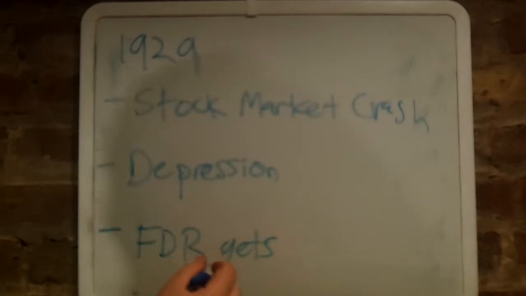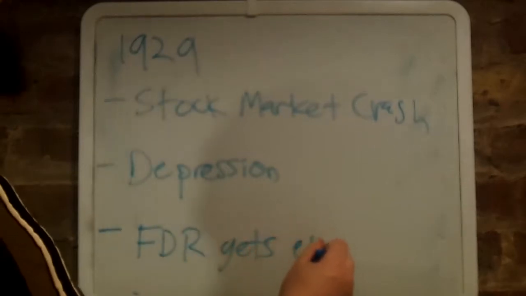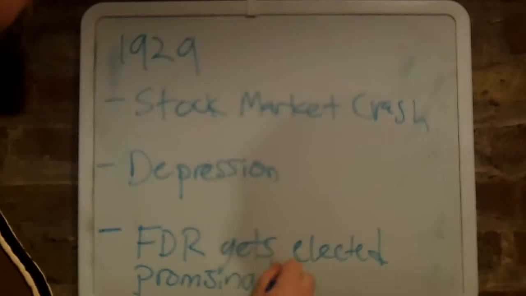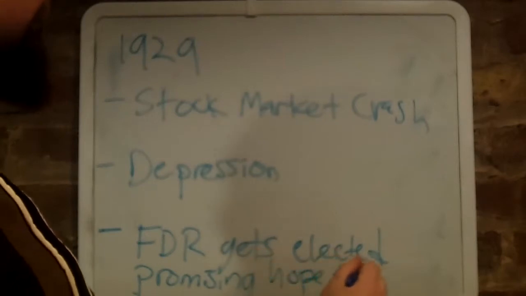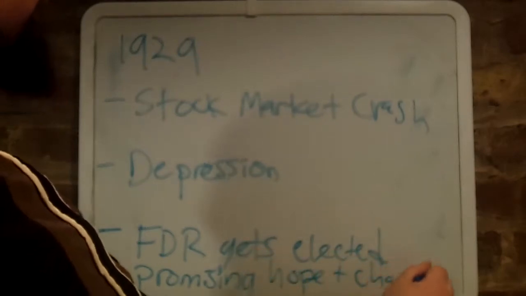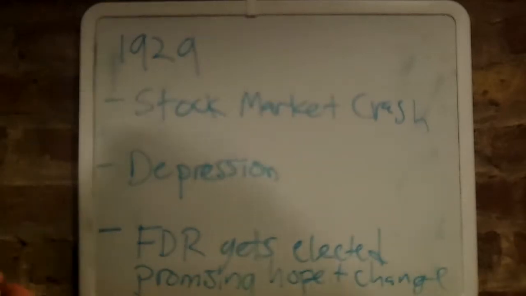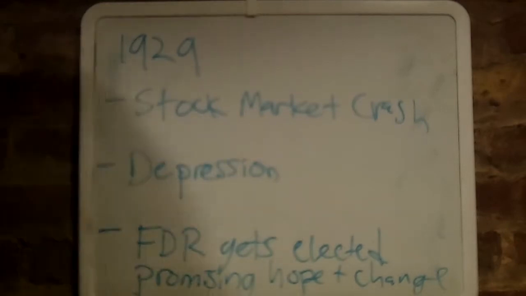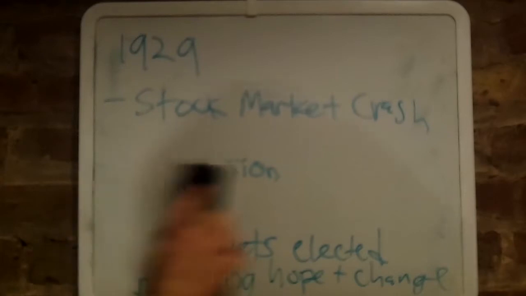Hope and change, sound familiar? Perhaps I shouldn't get too political. I believe the actual slogan of his campaign was the New Deal, or rather that was the set of programs he launched. We could talk about that next.